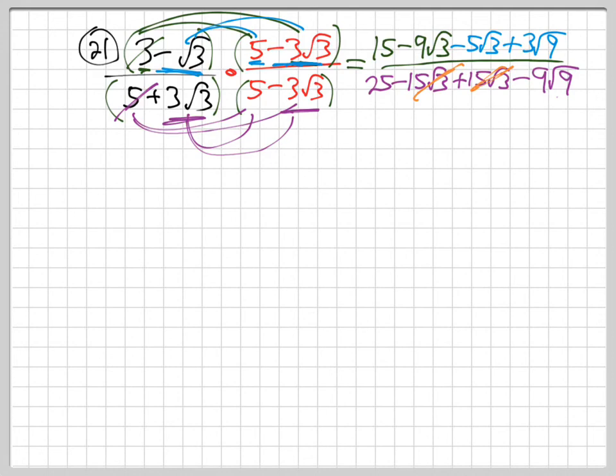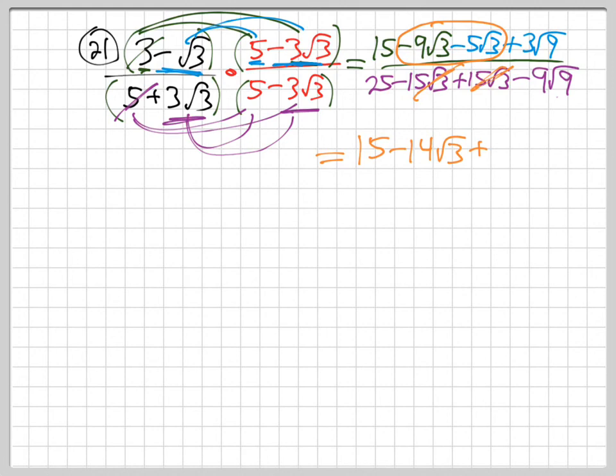Okay, so what else happens? On the top we have 15. Now these two right here will combine. Minus 9 root 3 minus 5 root 3 is minus 14 root 3. Is that good? I just combine the numbers in the front.